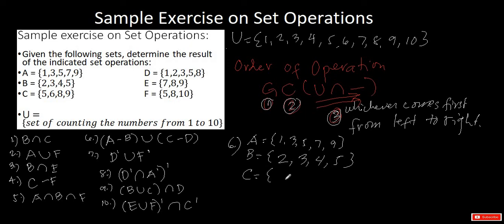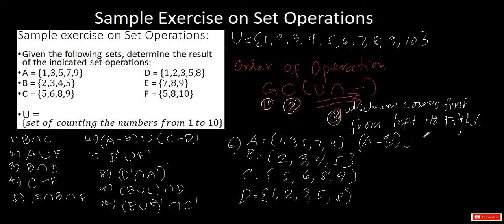Set C, containing the elements 5, 6, 8, and 9. And set D, containing the elements 1, 2, 3, 5, and 8. So the problem in number 6 is (A minus B) union (C minus D).